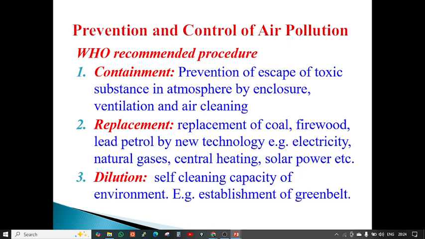Then dilution, the self-healing capacity of the environment, that is called dilution, or establishment of a green belt. Whenever there is an industry hub, near the industry hub there is a provision to make an artificial forest, or at least plant a huge number of trees. Similarly, whenever you go through roads, on both sides of the roads there are normally large numbers of trees. Tree plantation is also part of the green belt.